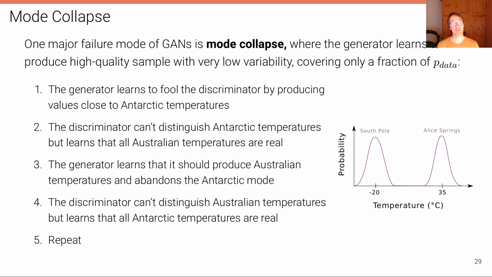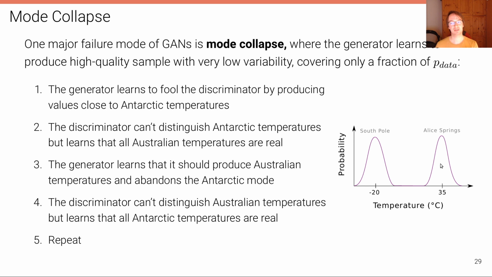So the discriminator is very good at telling that the samples that are coming from Australian temperatures must be real, because the discriminator only sees real samples for Australian temperatures. Now, the generator learns that it should actually produce Australian temperatures, because this is what its gradient tells it to do.